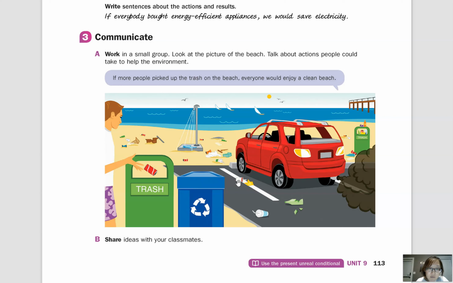Okay, and then let me do one more. If everybody took quick showers, we would use less water, or we would save water. So if everybody took quick showers, we would save water. Okay, so go ahead and go to part 3 of the video, part 3.